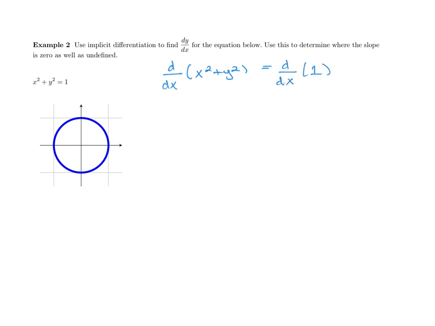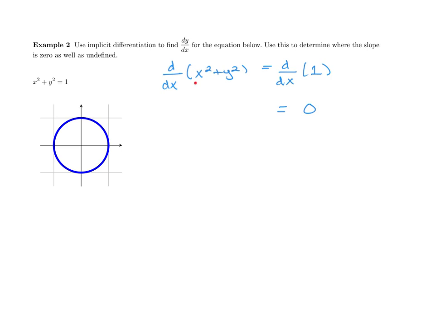Here we are doing the same thing to both sides of the equation. So if these are equal, well then so are these. And to take the derivative of these sides, we have rules to do so. This side's very easy. What's the derivative of 1? 1's a constant. Its derivative is 0.